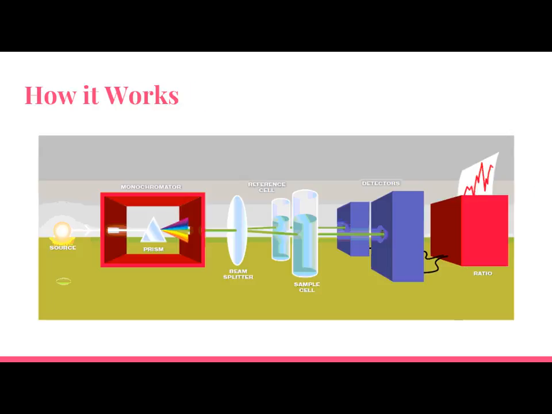So how it works, basically, you've got this white light source, and then it goes into the monochromator, which has a prism inside of it. It goes through this little slit, and when it touches the prism, it diffracts into different beams based on wavelength. The longer wavelengths are usually at the top, like red, orange, yellow, and then green, blue, purple.